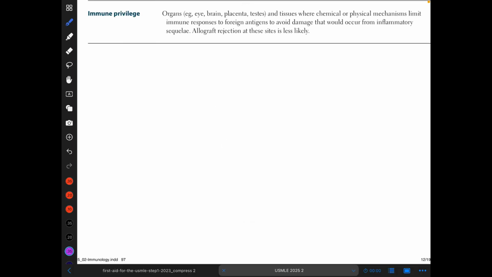We are going to talk a little bit about antigen presentation. Antigen presentation is involved in the innate system. It can be activated by free antigens, but the adaptive system requires antigen presentation by antigen presenting cells.